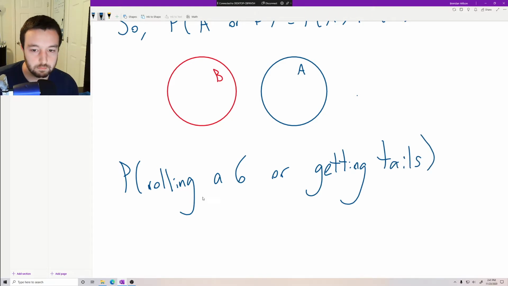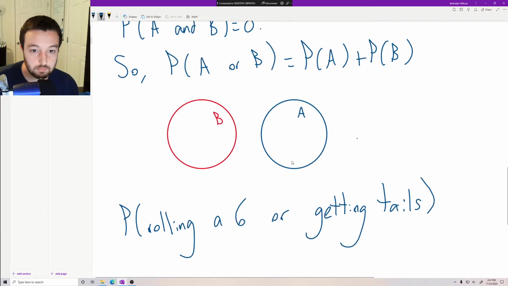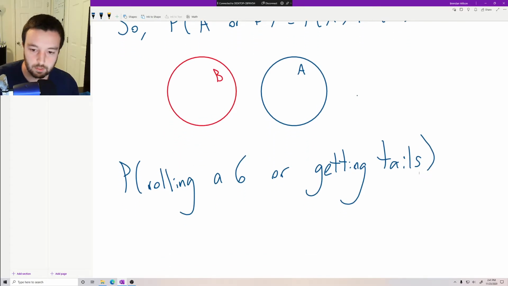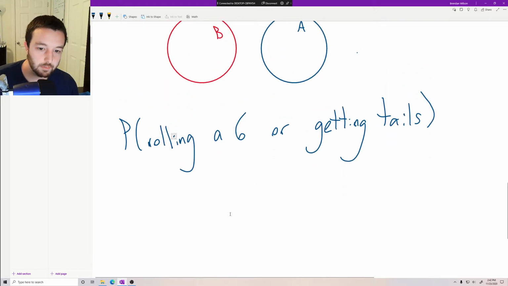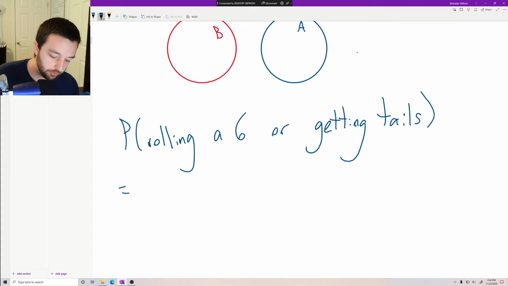So we're doing two things separately here. This is like event A, we can think of this as like event B. So we're rolling a die and flipping a coin simultaneously. What's the probability of at least one of these happening?